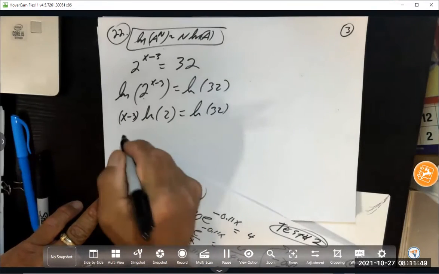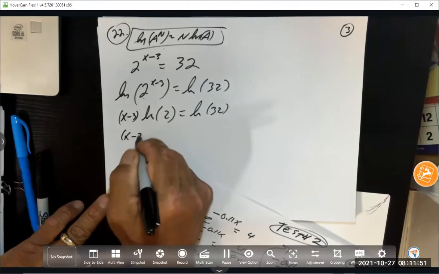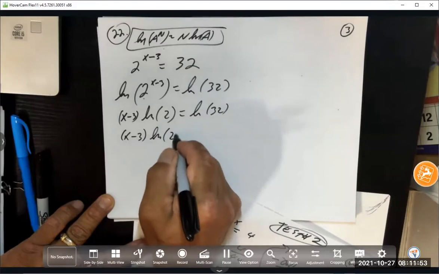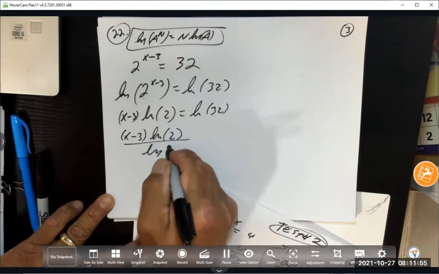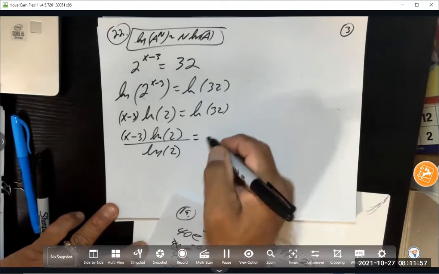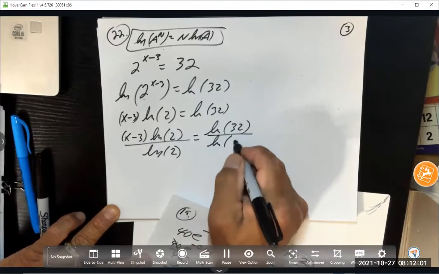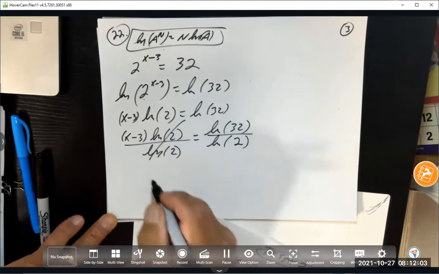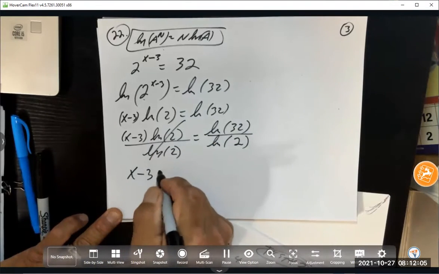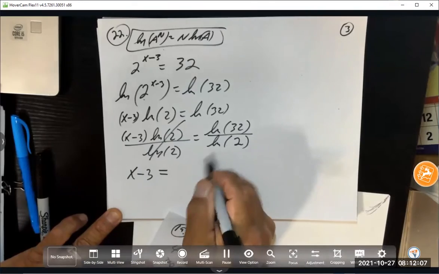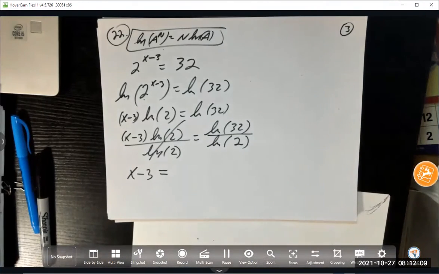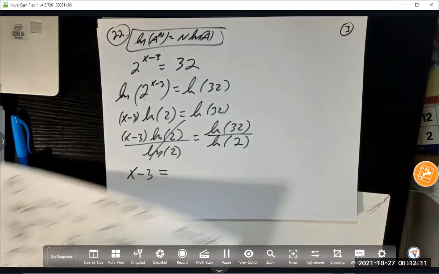So now I'm dividing both sides by this ln of 2 business right here. And over here, I'm going to divide this side also by the log of 2. So these are gone. So x minus 3 is, I don't know, you do that in the calculator. You tell me what that is.